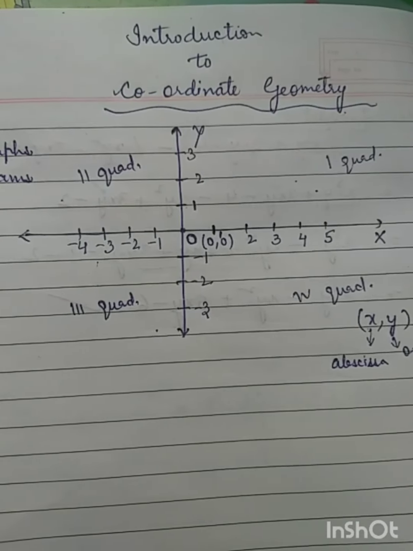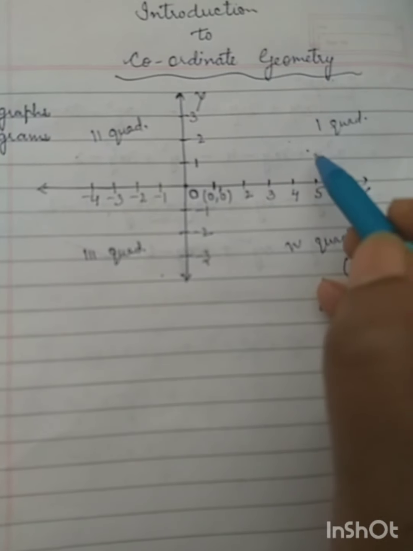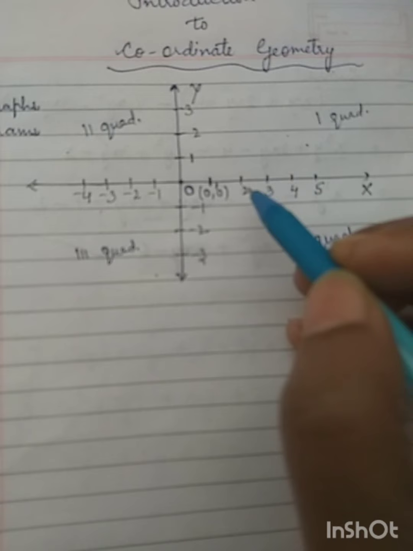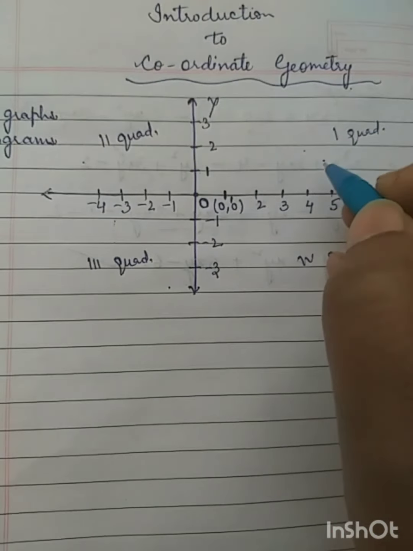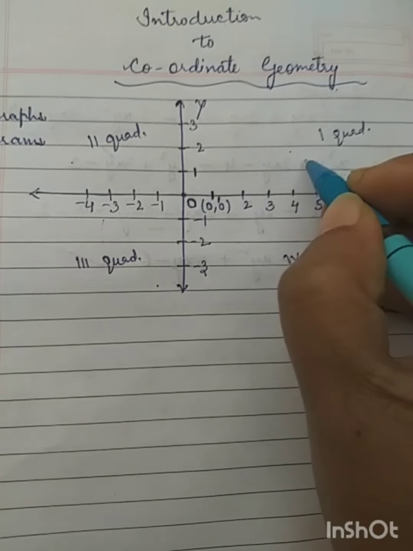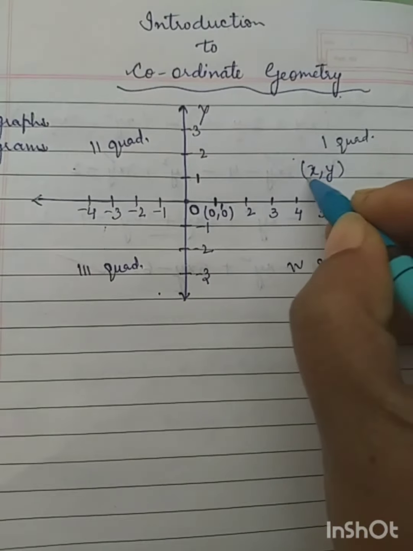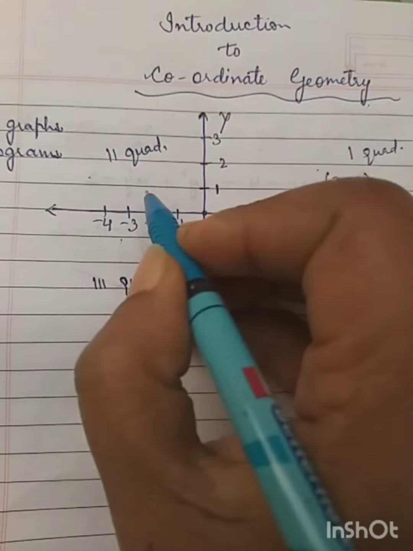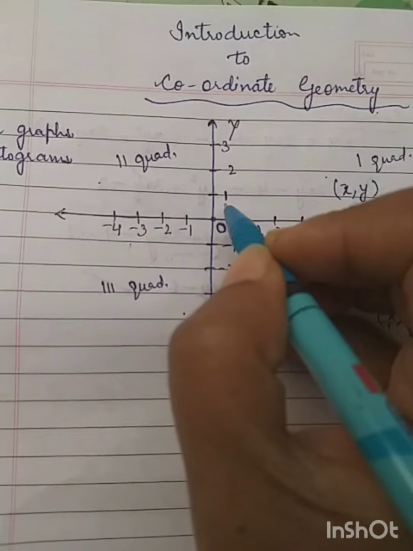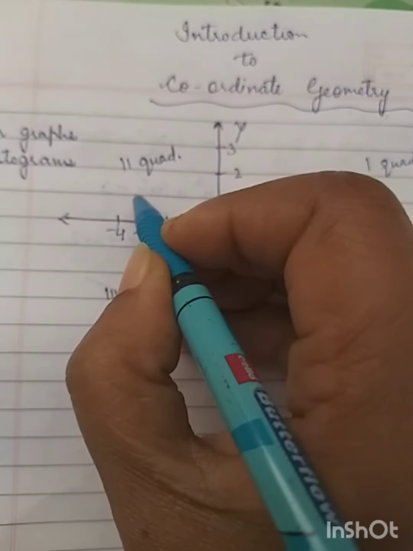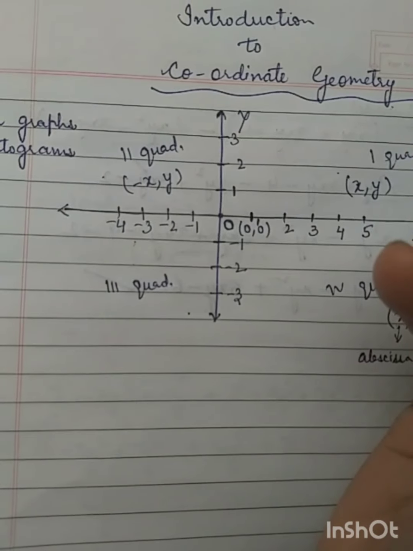So students, in the first quadrant, the values of x and y both are positive. So coordinates in this quadrant will be in the form of (x, y). In the second quadrant, x coordinates are negative and y are positive, so the coordinates are in the form of (-x, y).